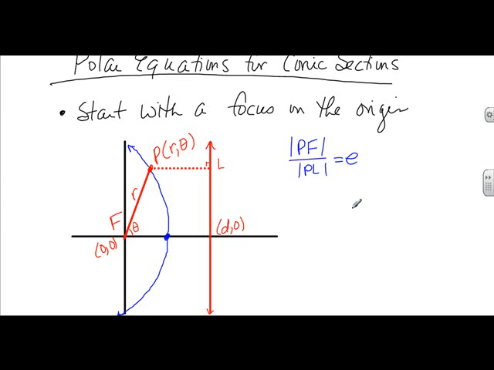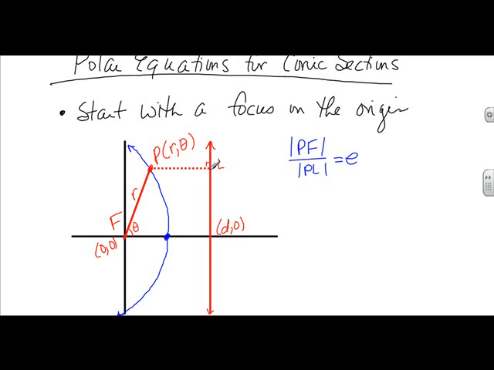So let's see. The distance PF is r. The distance from P to L, that's what we need to think about right now. Well, if you measure from the y-axis out to the point L, that would be d units.